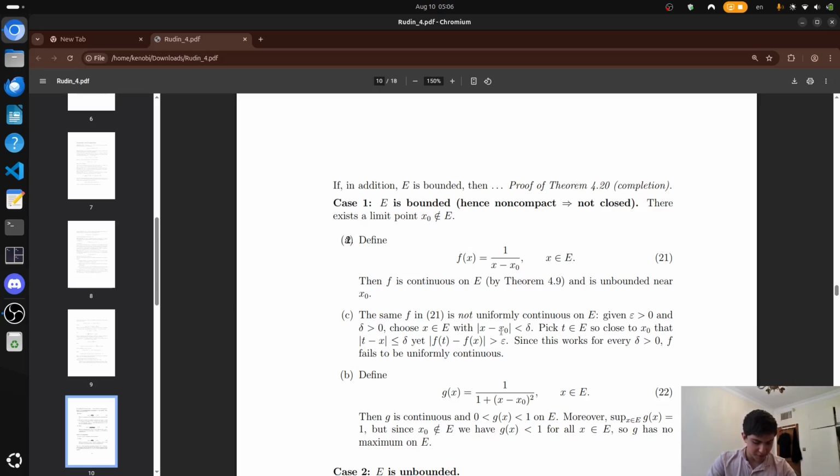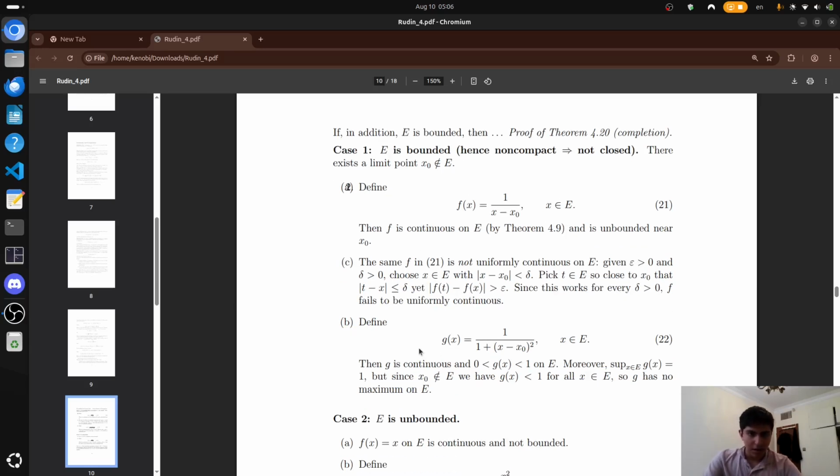That's because it's unbounded, right? You can make it greater and greater. Since this is true for every delta greater than 0, f is not uniformly continuous on E.